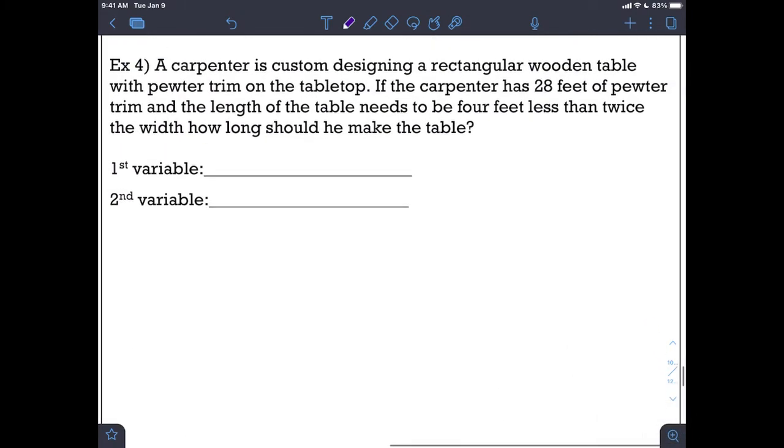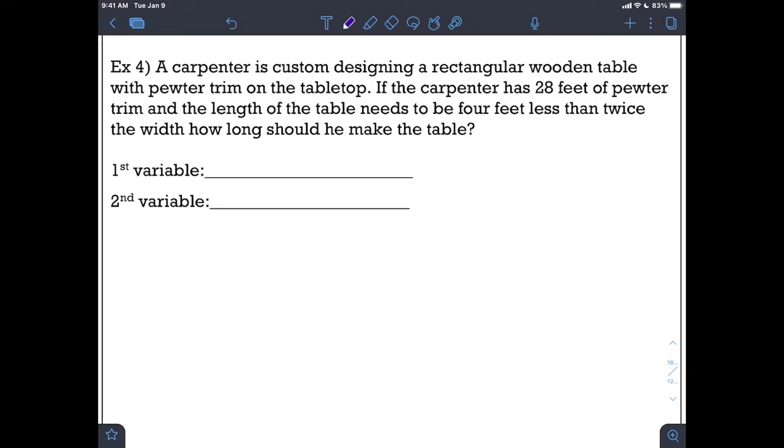All right, last example. A carpenter is custom designing a rectangular wooden table with pewter trim on the tabletop. If the carpenter has 28 feet of pewter trim and the length of the table needs to be 4 feet less than twice the width, how long should he make the table? Okay, lots of information, ridiculous amounts of information here. So, first of all, let us take a look at the perimeter.